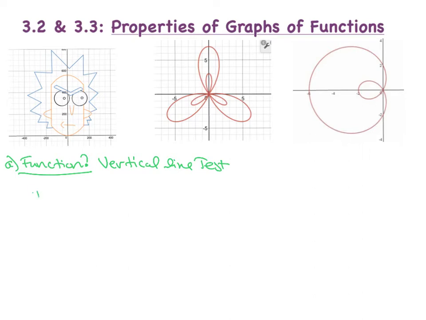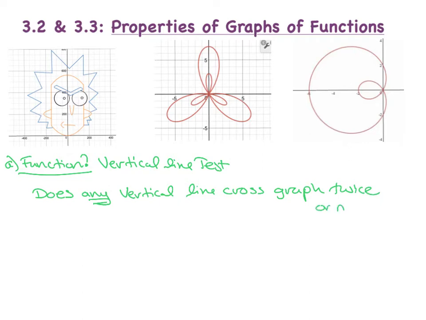So in other words, does any vertical line cross your graph twice or more? If the answer is yes, then the answer to the question is that it is not a function.